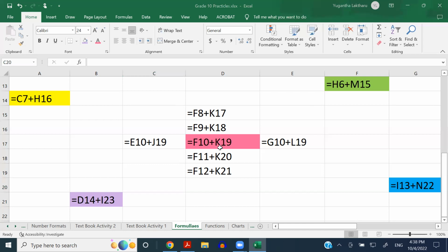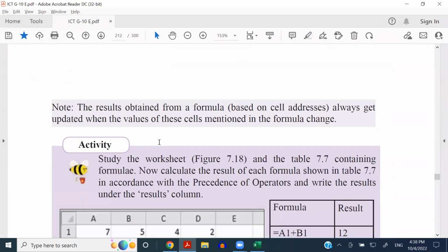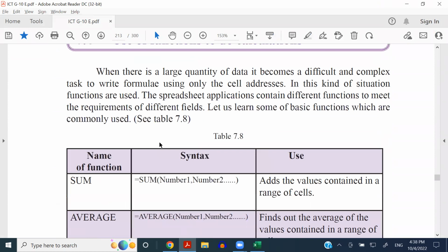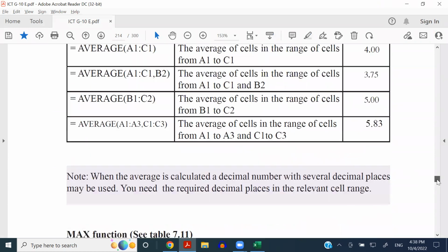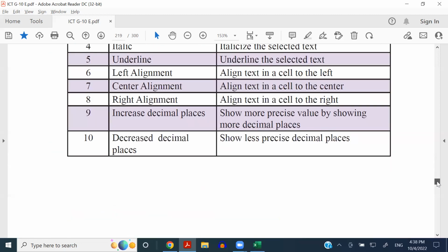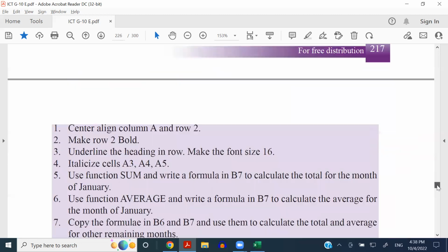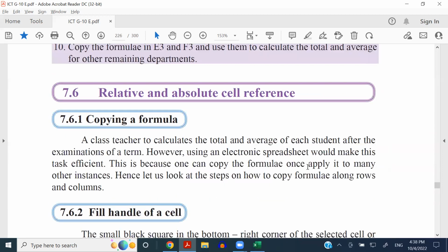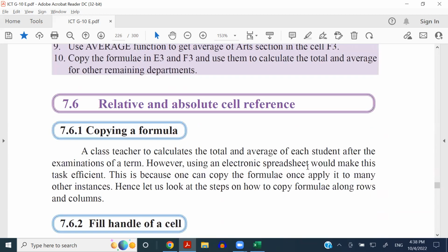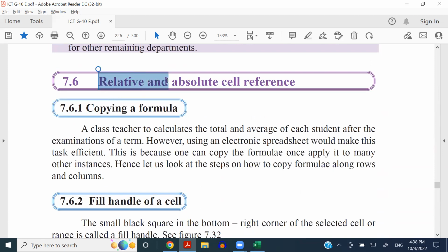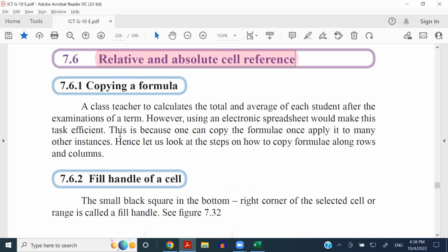All right, so let's write this down, people. I'll come to the functions later, right? So there is something called relative cell reference. Let's have this heading: relative and absolute cell references.